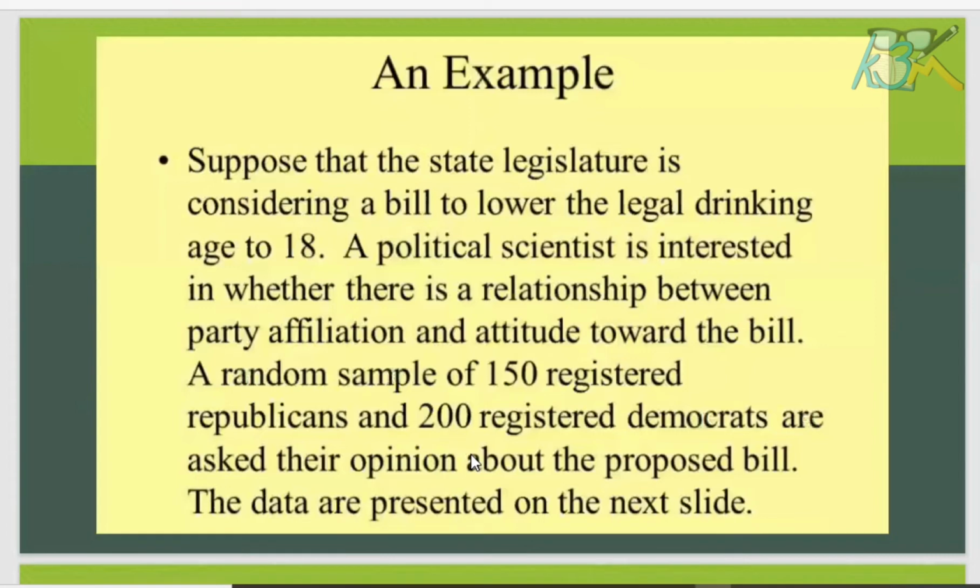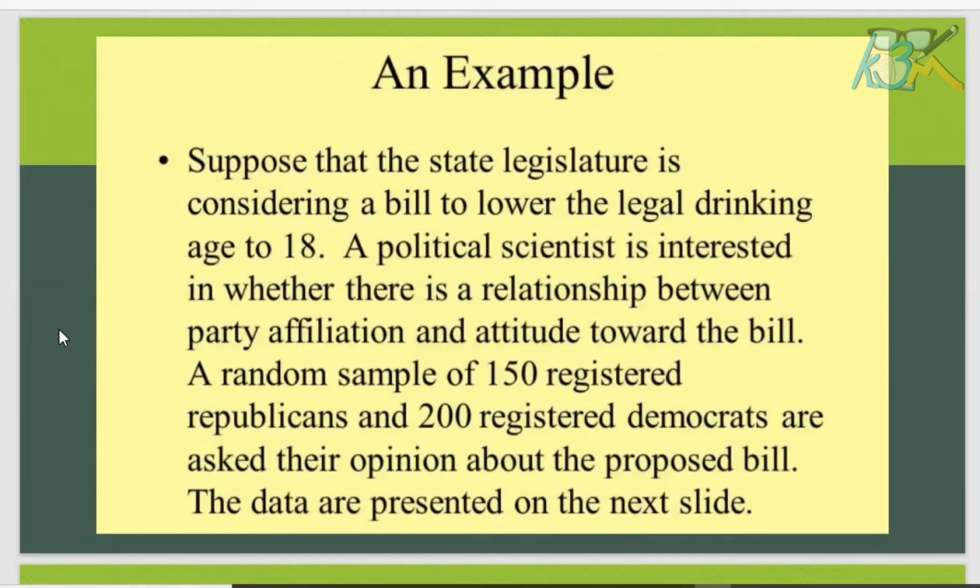So next, para maintindihan pa natin lalo yung chi-square test of independence, we have this example. Suppose that the state legislator is considering a bill to lower the legal drinking age to 18.